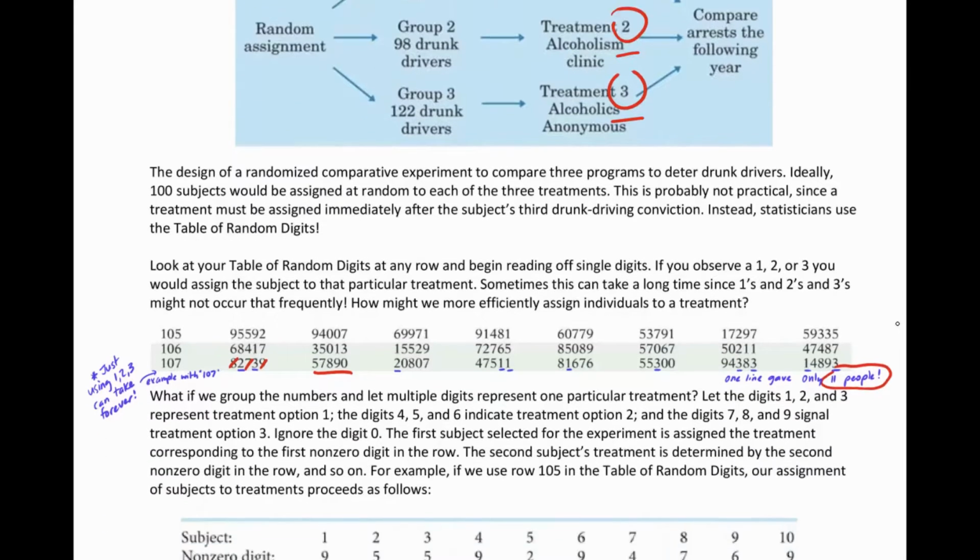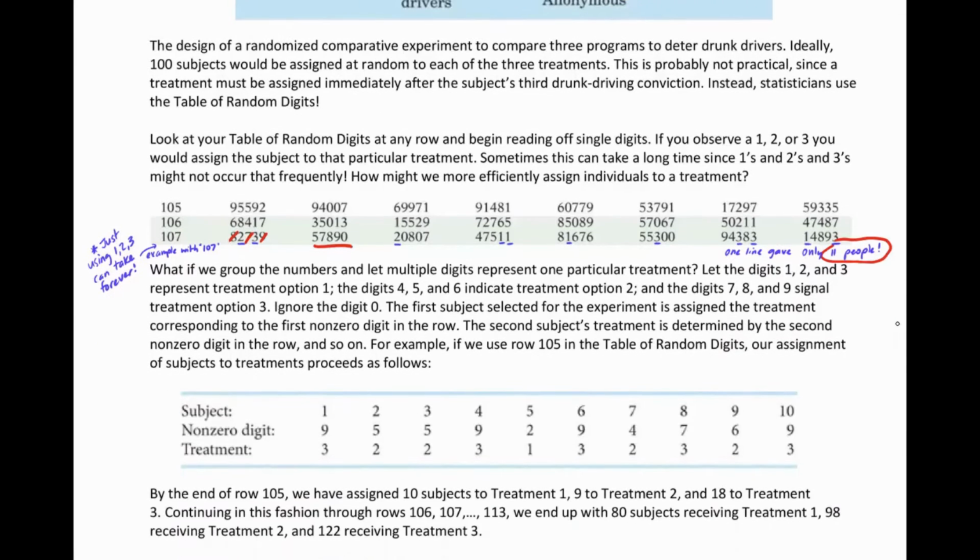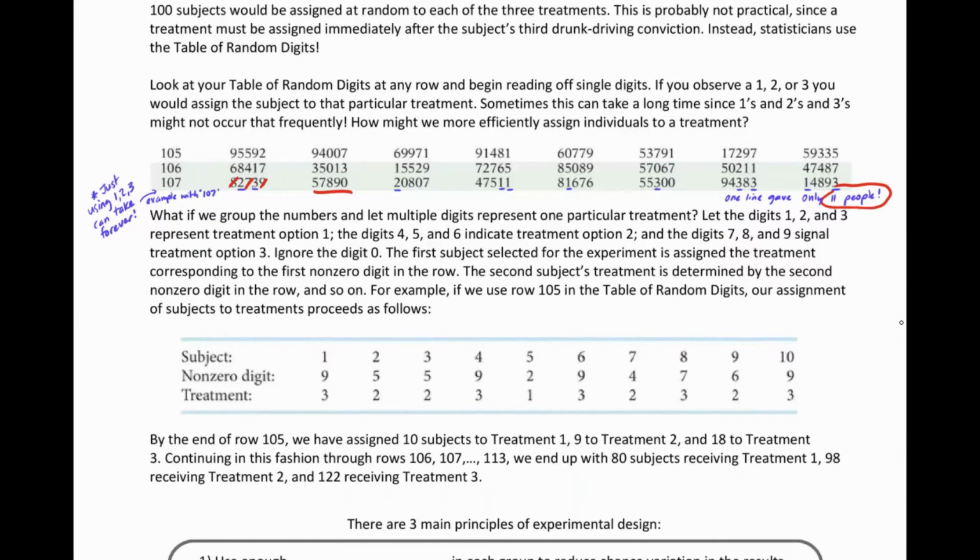So down below this, what if we started to group the numbers and let multiple digits represent one particular treatment? If we let the digits 1, 2, and 3 represent treatment number 1, and 4, 5, and 6 indicate the second option, and 7, 8, and 9 signal the third treatment, it might go a little bit faster.